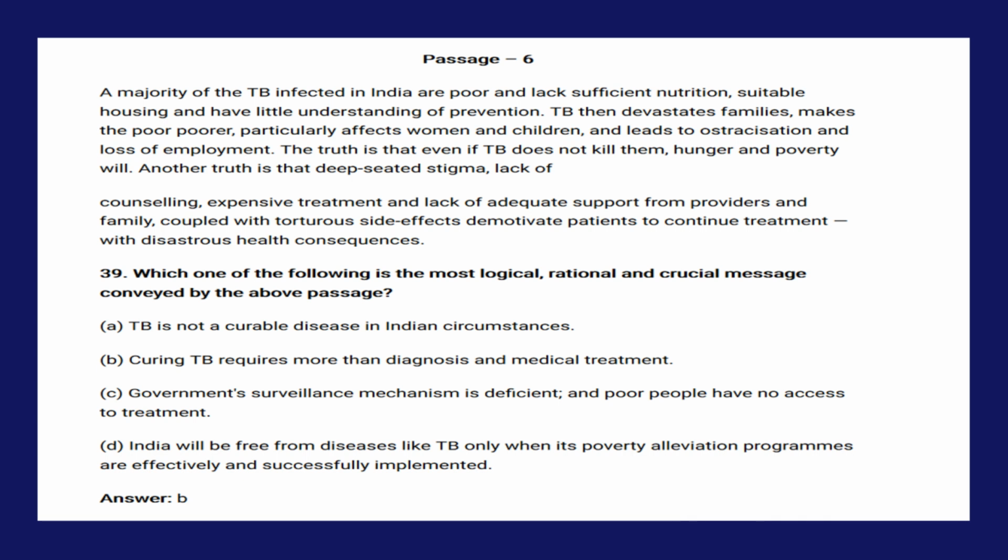Option D. India will be free from diseases like TB only when its poverty alleviation programs are effectively and successfully implemented. And the answer is option B. Curing TB requires more than diagnosis and medical treatment.